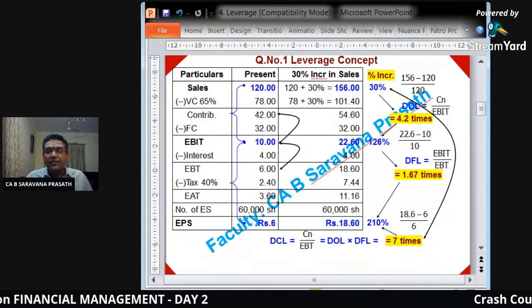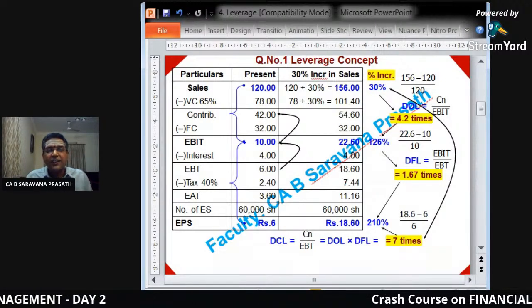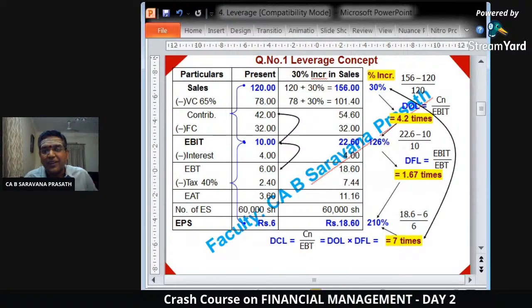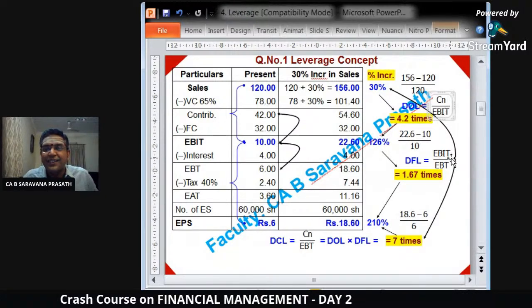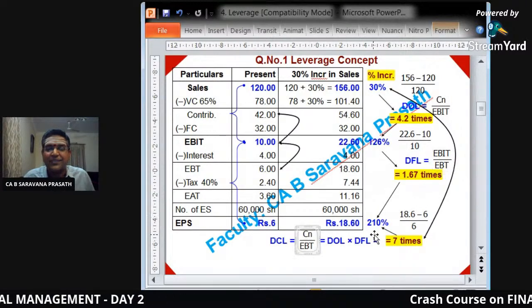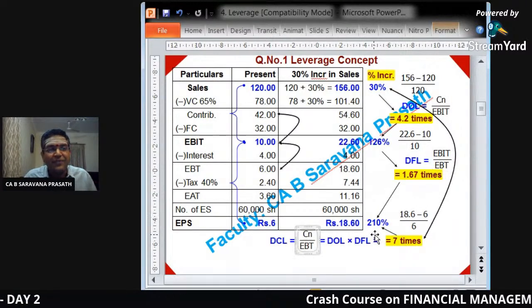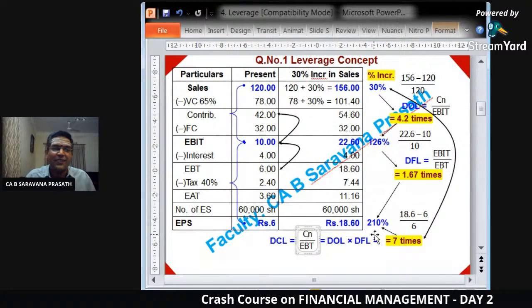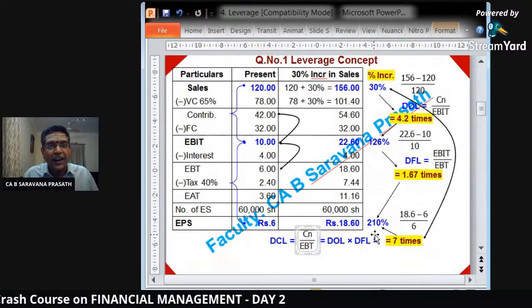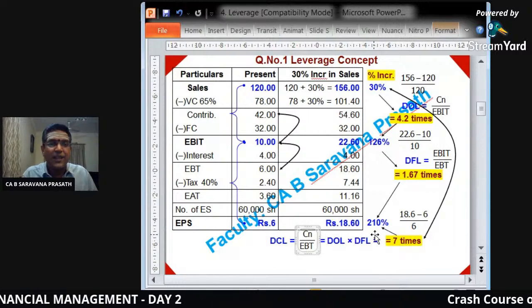Operating leverage, financial leverage, none of these are affected. If you look at the formula in all leverages, the formula is actually before tax. We don't consider after tax at all in the calculation. Now, if you hear my question carefully, I didn't ask you whether EPS will be affected or not.